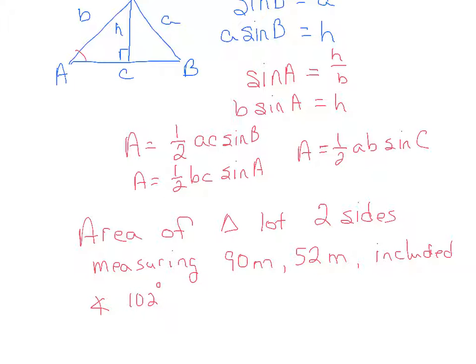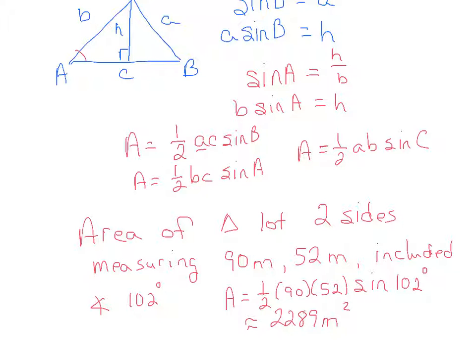Well, we can just simply plug into the formula. Area is going to be equal to 1/2 of 90 times 52 times the sine of 102, and simply plug that into the calculator, and when we do, we should get the area is approximately 2,289 meters squared.